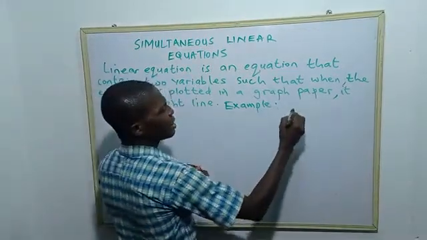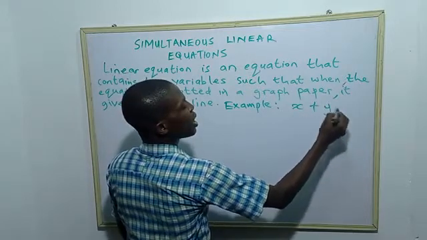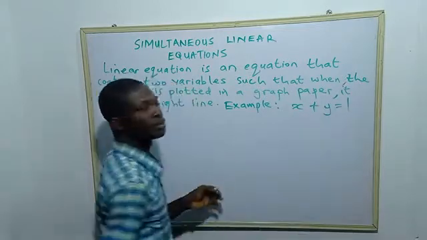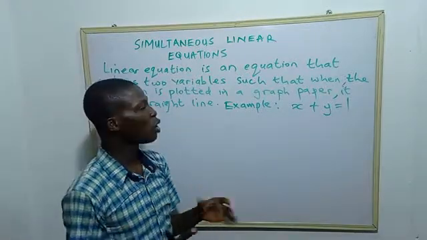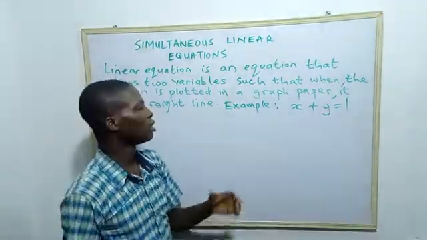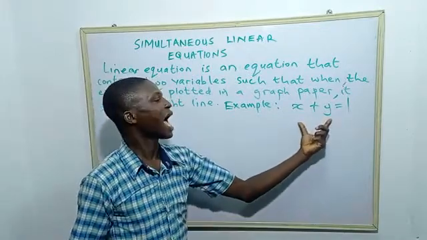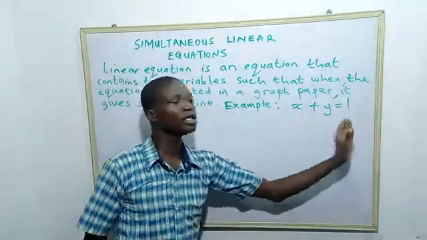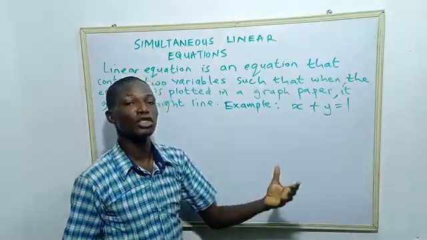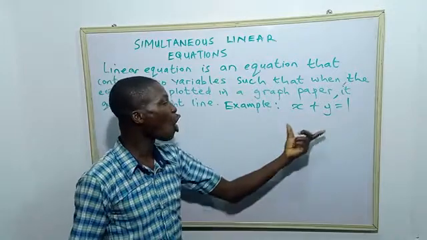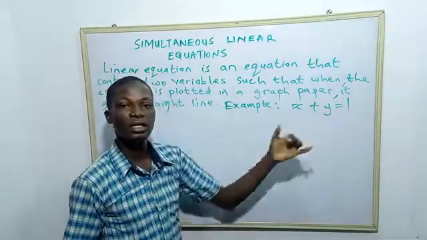If you're having x plus y equals 1, these are the variables. When we are talking about variables, we are referring to two unknown items in your equation. For example, x is not known, y is not known.